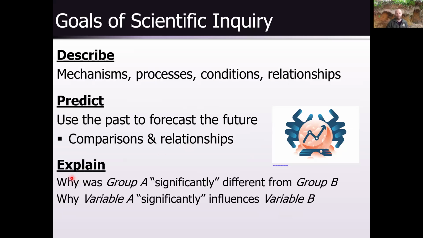And then ultimately it can be used as an explanatory tool, to explain something. So why was group A, this type of tree, significantly different than group B, a different type of tree, in terms of how they responded to water or temperature stresses or inputs? Or how does variable A, like amount of moisture, significantly influence variable B, growth of a plant?